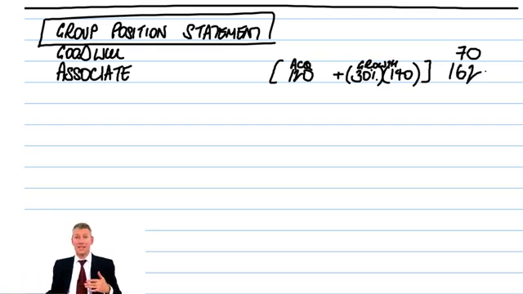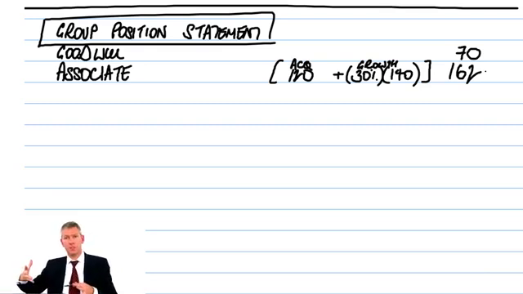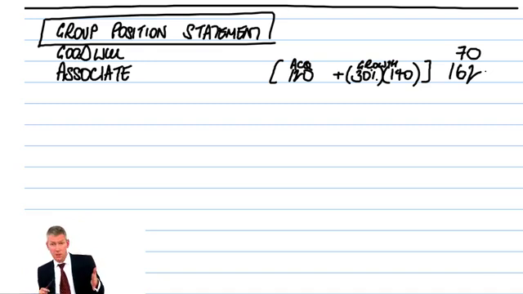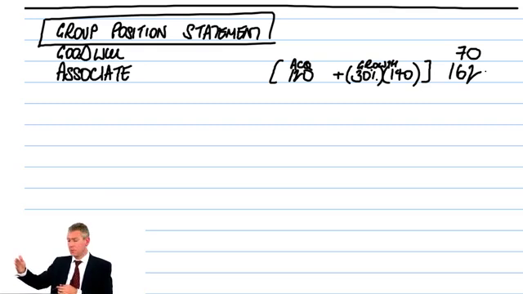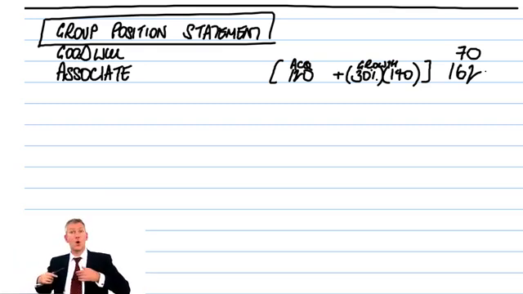Now, we're not completely daft. We don't say the associate is worth 162 at the year end. But what we do say is that's some kind of approximation for roughly what it's worth. It definitely was worth 120 at the year start. It's grown, and we think the 30% is worth roughly 162 now. And that's the idea of roll forward.